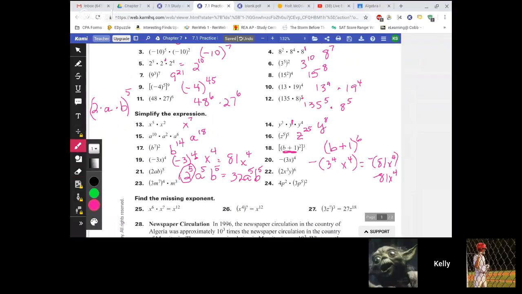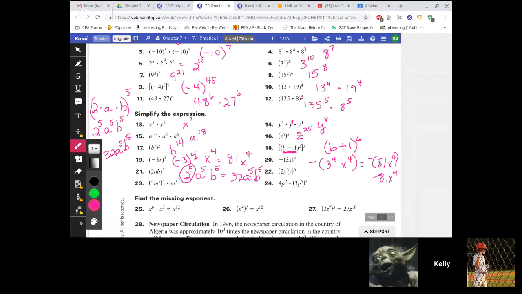So all of that is raised to the 5th power, and each one of those individual terms gets that 5th power. And 2 to the 5th power, if you plug that in your calculator and you do 2 caret 5, that's 32.